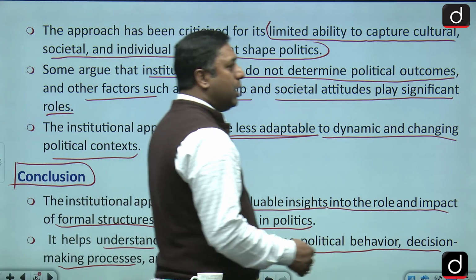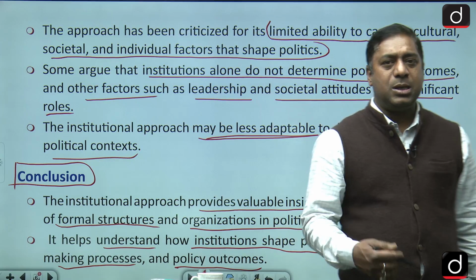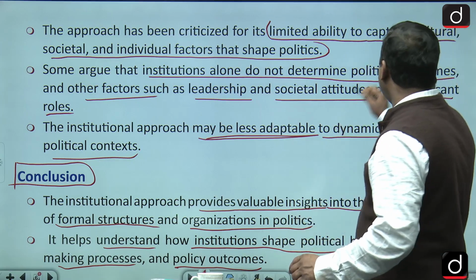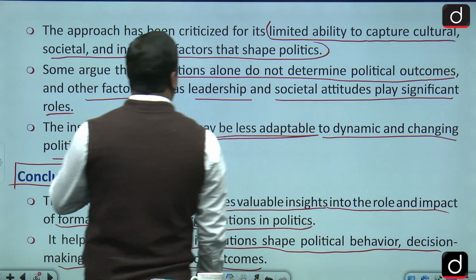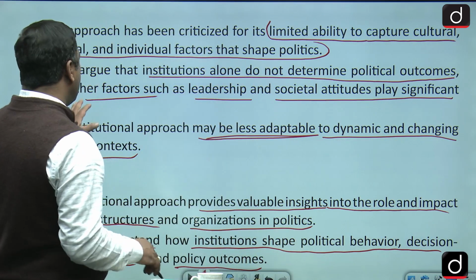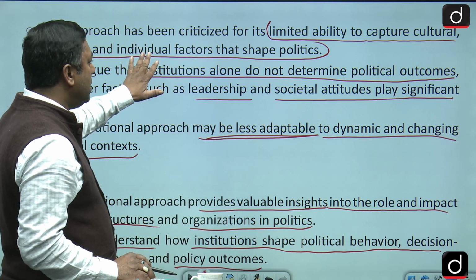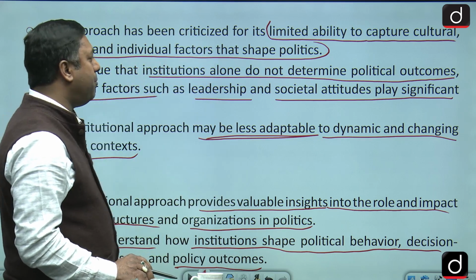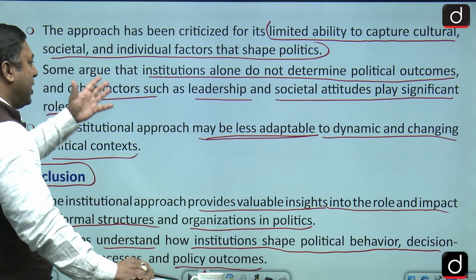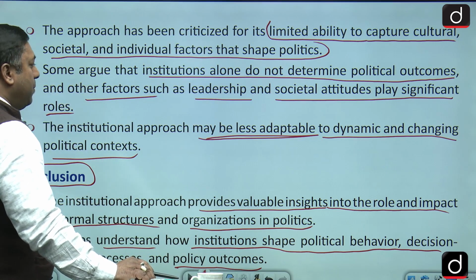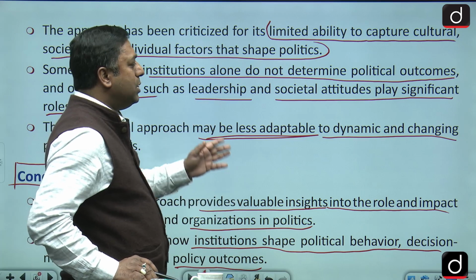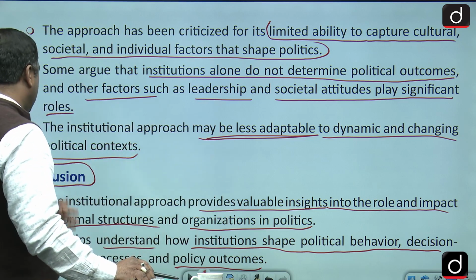Plus, it is also criticized for its limited ability to capture cultural, social and individual factors that shape politics. And it's argued that institutions alone cannot determine political outcomes. There are other factors like leadership and societal attitudes, which also play a very important role. Plus it is less adaptable to dynamic and changing political contexts.